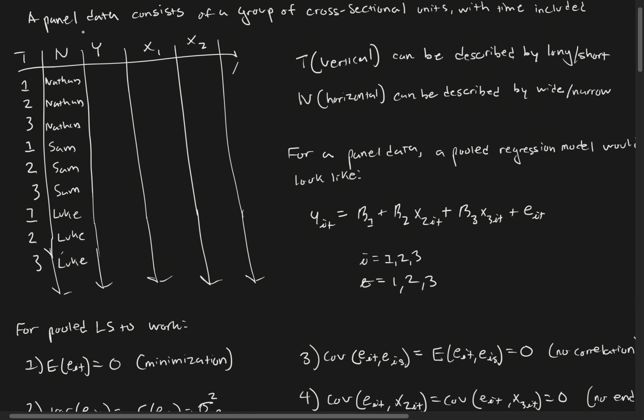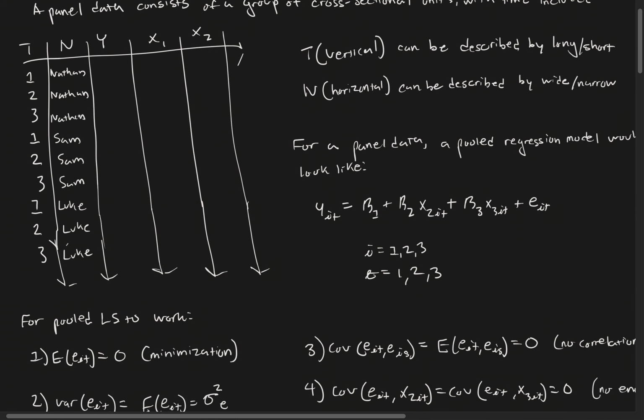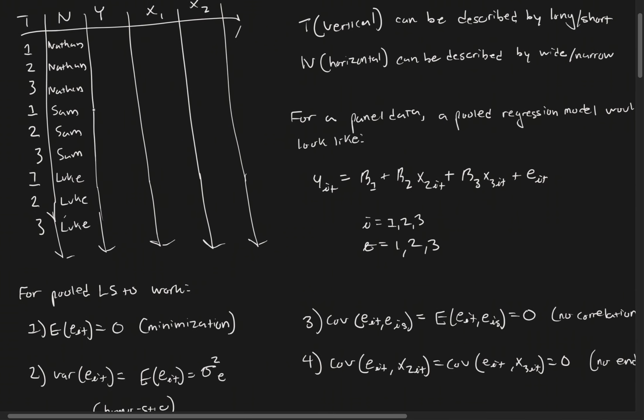Whereas if you look at the horizontal length here, if that part of the panel data is very long, then we'll call it wide. And in contrast, if it's relatively short compared to the vertical part of the data, then we'll say it's narrow. All right.